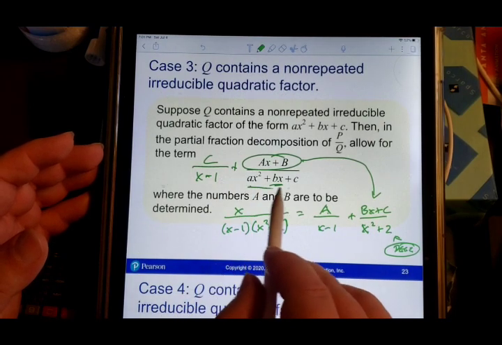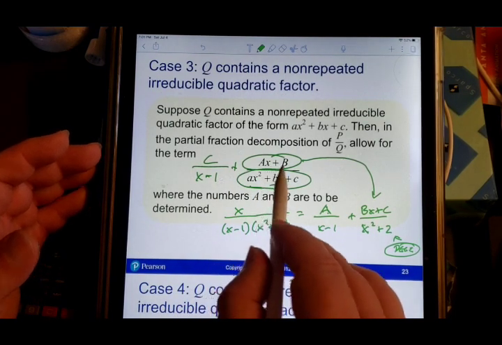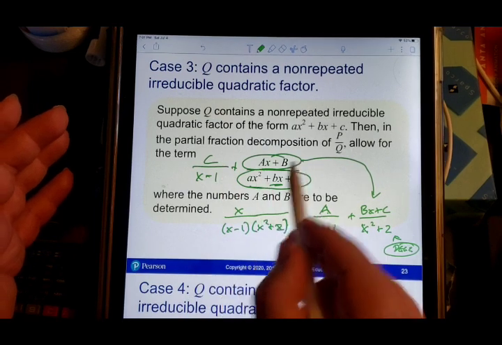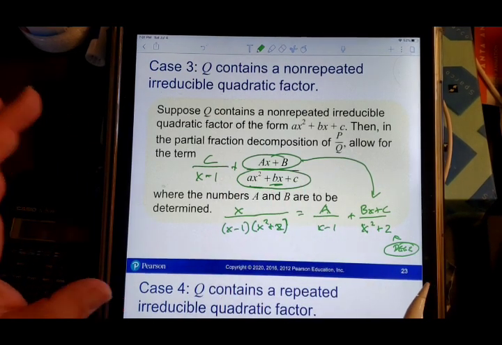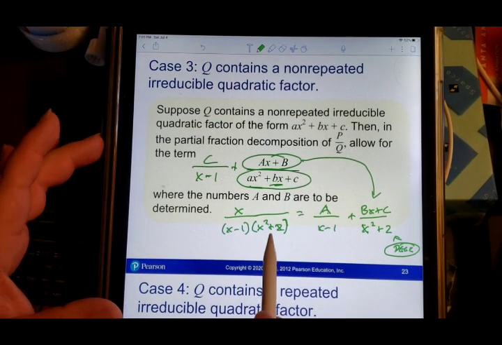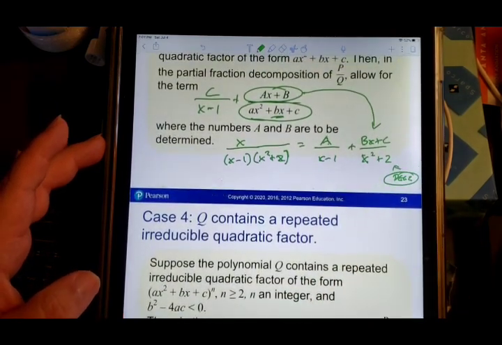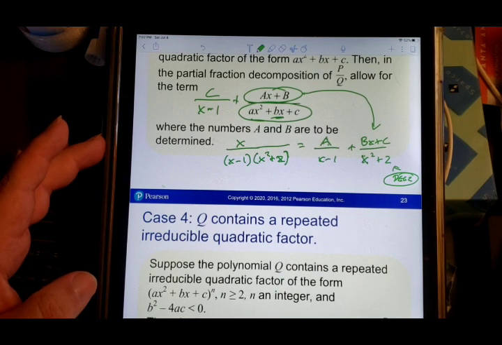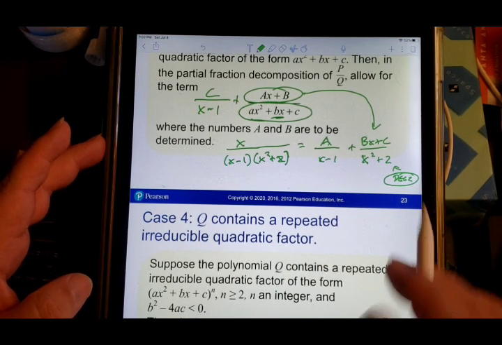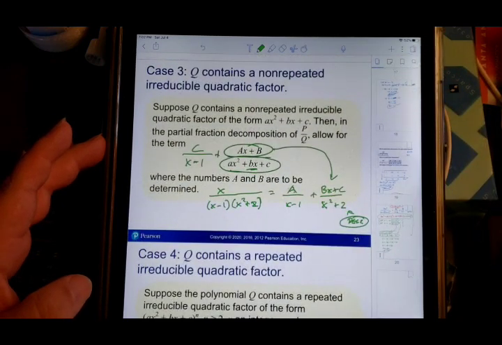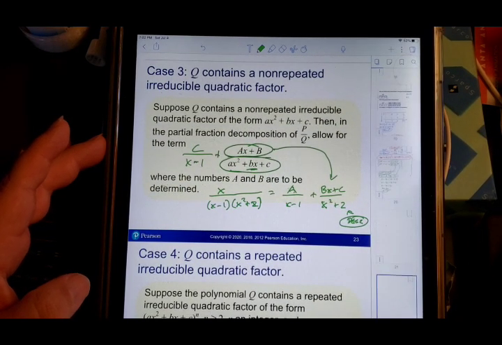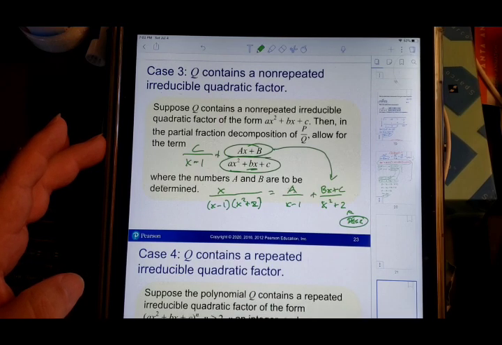But if I have an entire thing that doesn't factor, I need all of this up there. All right, so this is if it's not repeated. What if it is repeated? Well, that's this last situation. Only, you can't even see it because it's off the screen, but let me get there. All right.